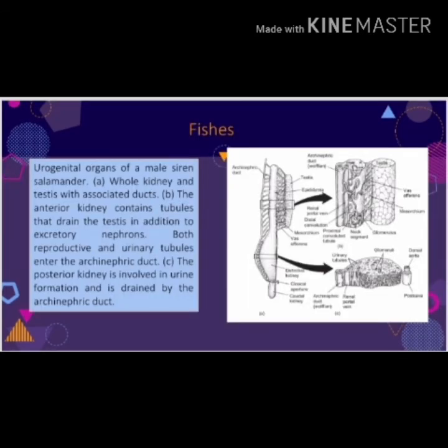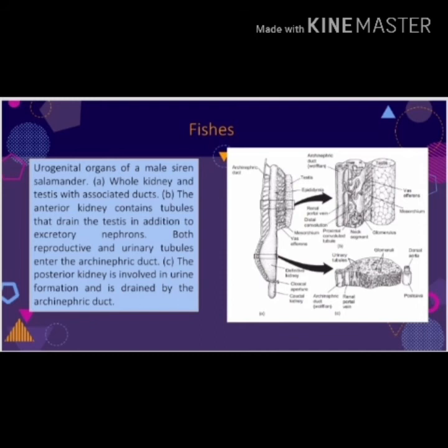Number 3. Kidney phylogeny. Urogenital organs of a male shark. A. Kidney and testes with associated ducts. B. The anterior kidney contains tubules that drain the testes in addition to excretory nephrons.